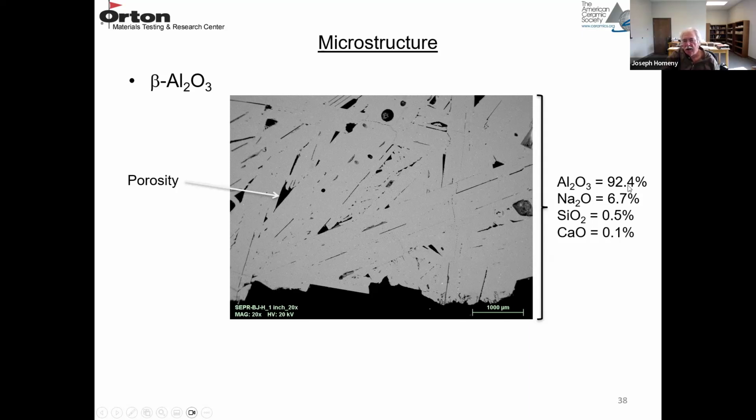So this one is about 92% alumina, 6% Na2O, and you have some silicon and lime present. That's going to give rise to the glassy phase. So you can see these long needle-shaped crystals, rather long, and they're interlocked.